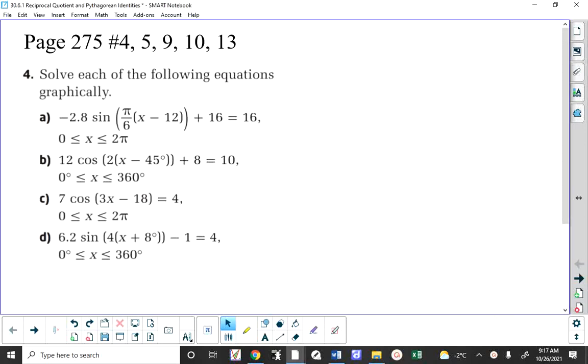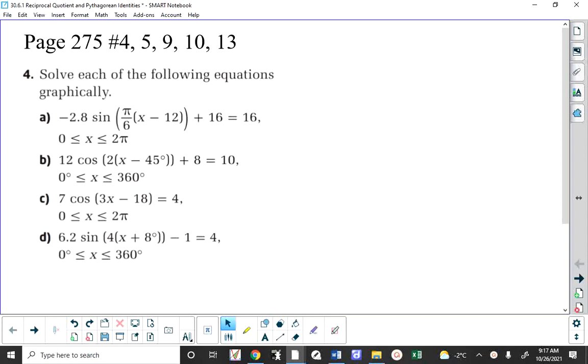These were textbook problems where we were solving trigonometric equations graphically, mainly because you cannot solve these equations algebraically. I mean, I'm not saying it's not possible to solve them algebraically. I'm saying at this level, solving them algebraically is very confusing.